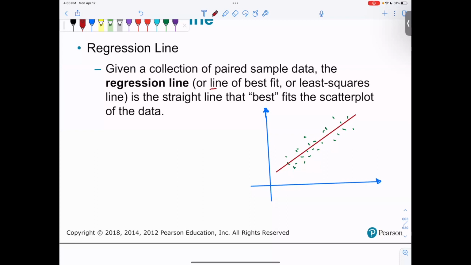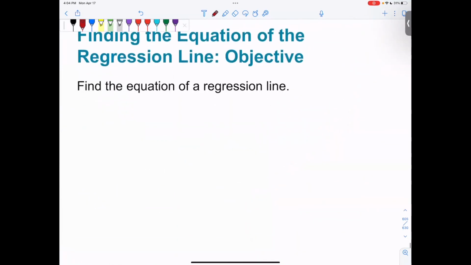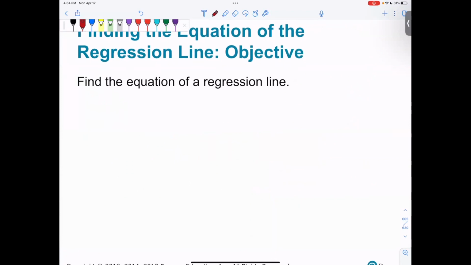Remember, we said that as those dots get closer to the straight line, we will have a strong correlation, or the relationship between those two variables will be high. So we will find the equation of the regression line.